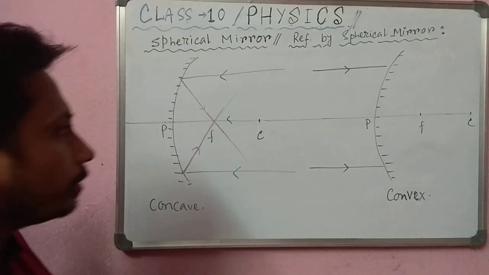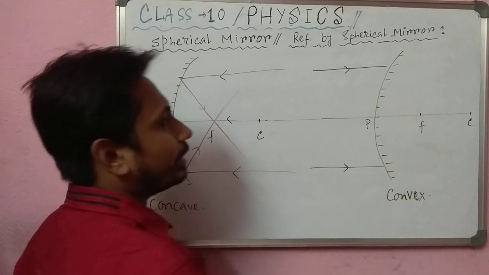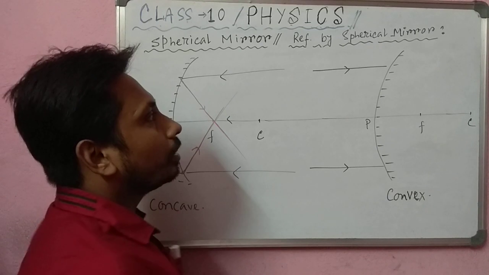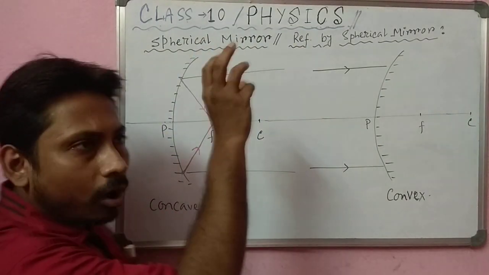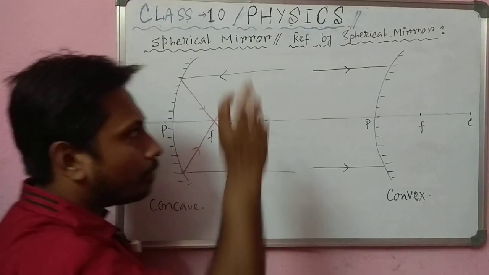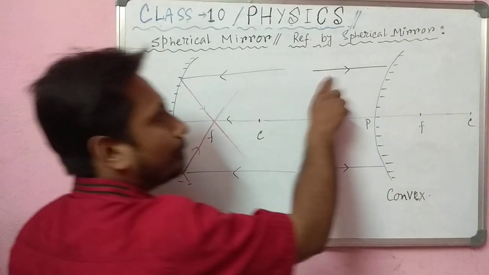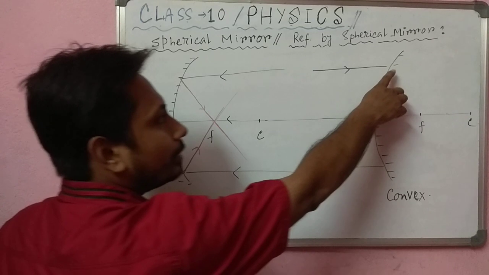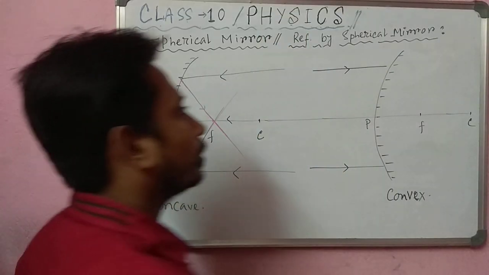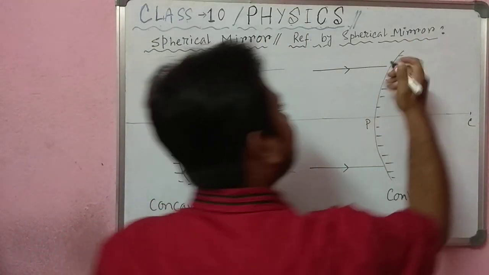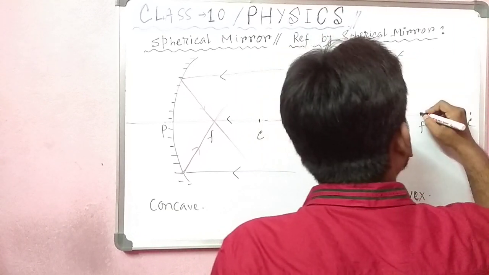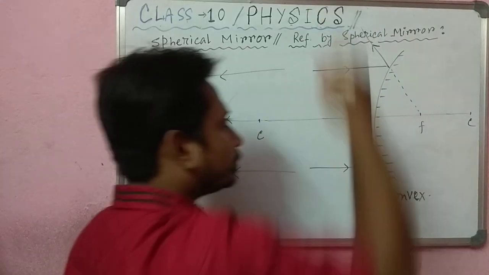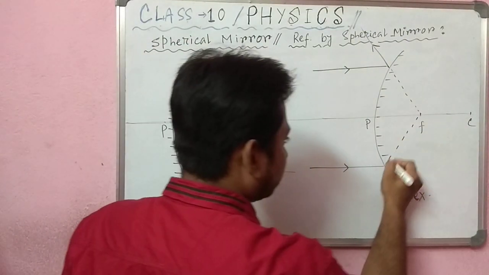After incident on the spherical surface like convex, think of a rubber ball, you just throw the rubber ball into the mirror. Then what happens? After it bounces back because of this surface, it actually goes out in this manner, like this.